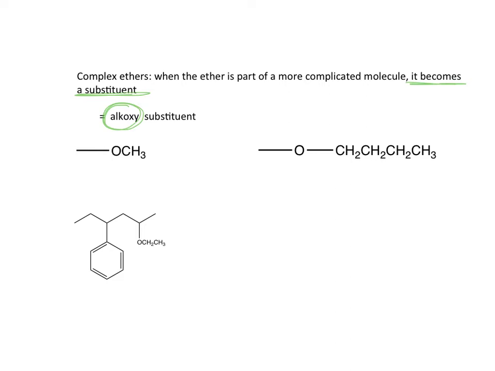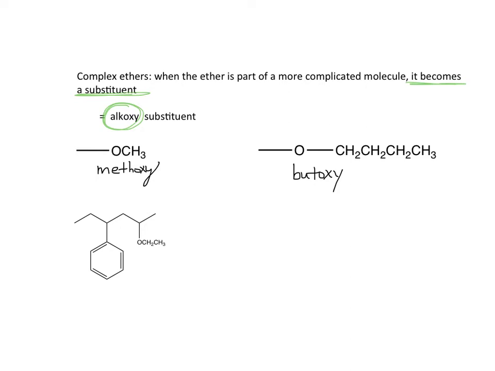So, for example, this first one is a methyl ether, and I'm going to call it methoxy. So that's a methoxy group. Here we have 4 carbons. This is a butoxy group. You could have isopropoxies, ethoxies, you get the idea.